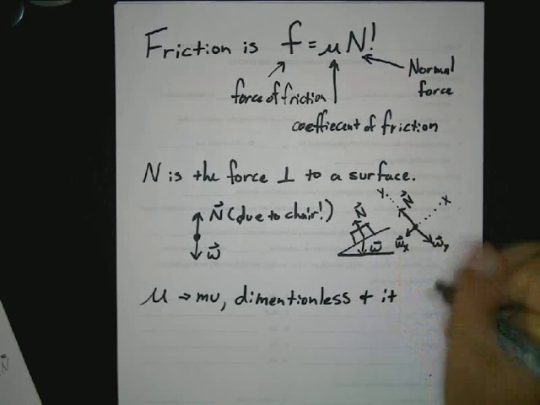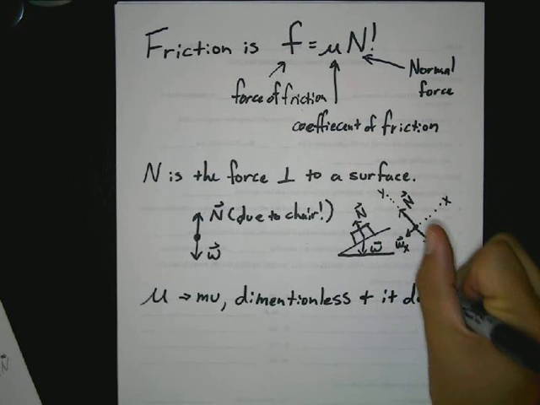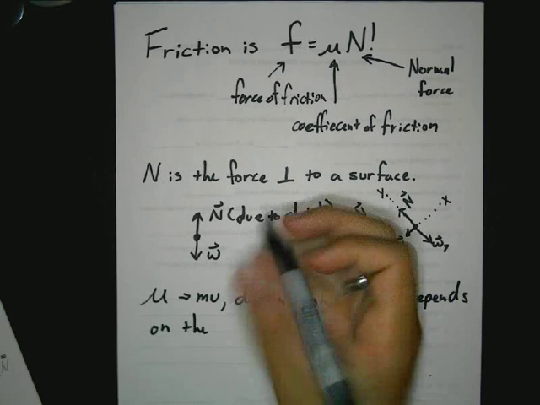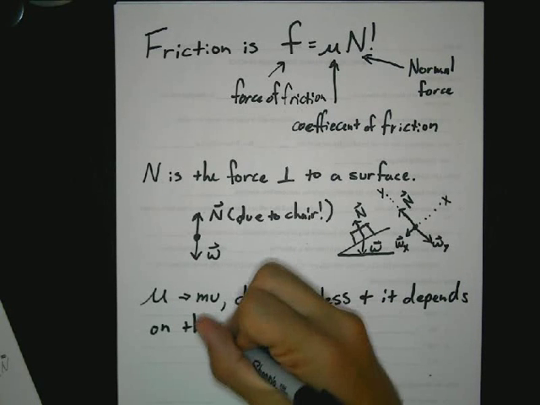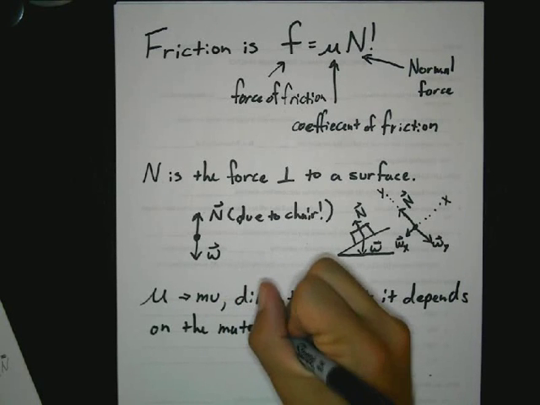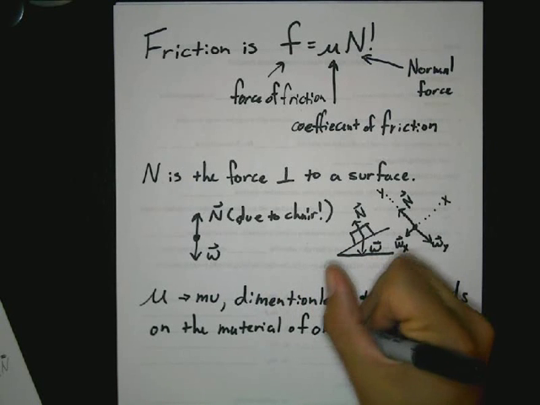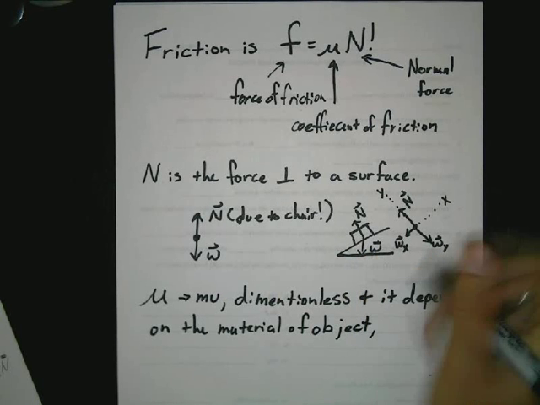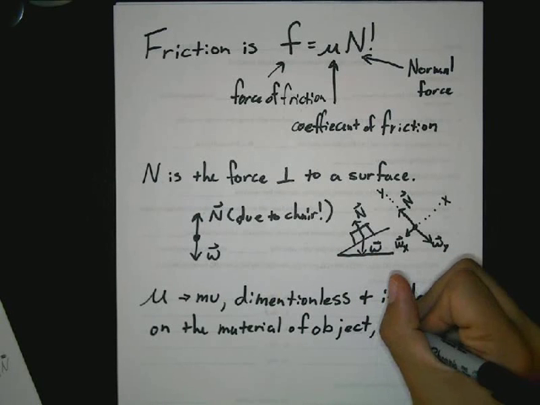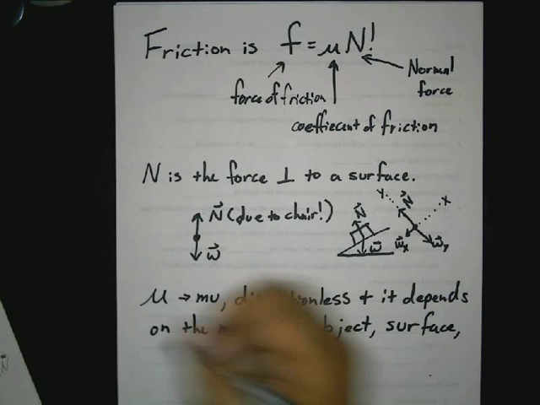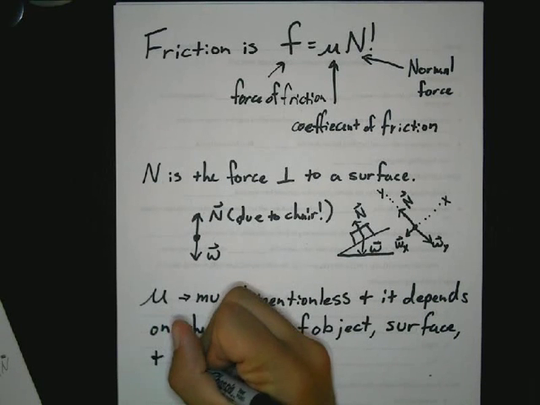And it depends on three things: the material of the object, the material of the surface, and the type of motion.